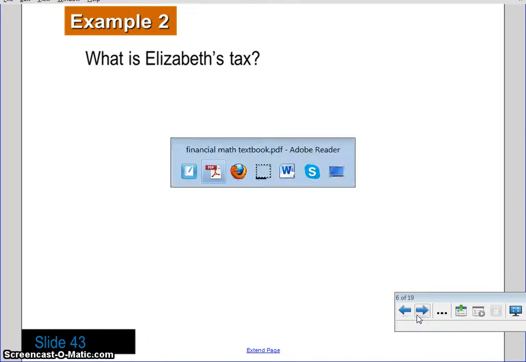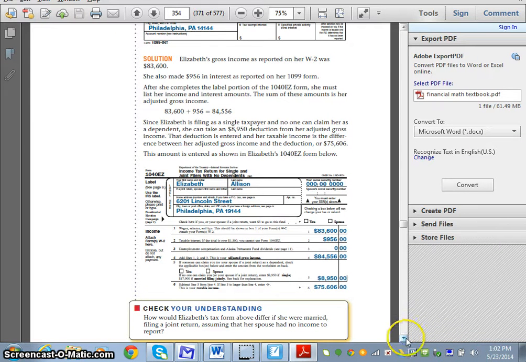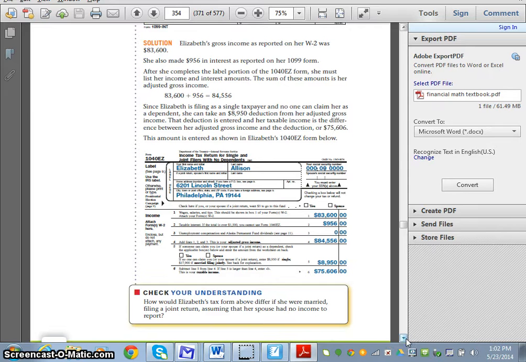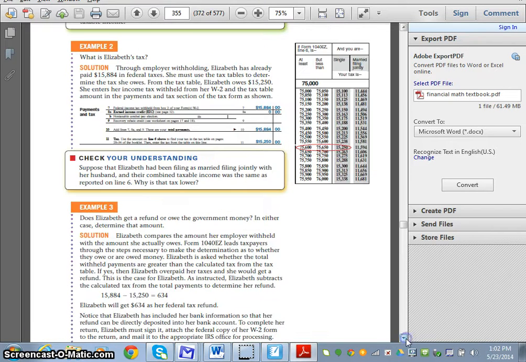So it says next, what is Elizabeth's tax? So we know that her taxable income was $75,606. If we look at the chart that's given here, on the top right-hand side there is a circled red amount on the 1040EZ chart.